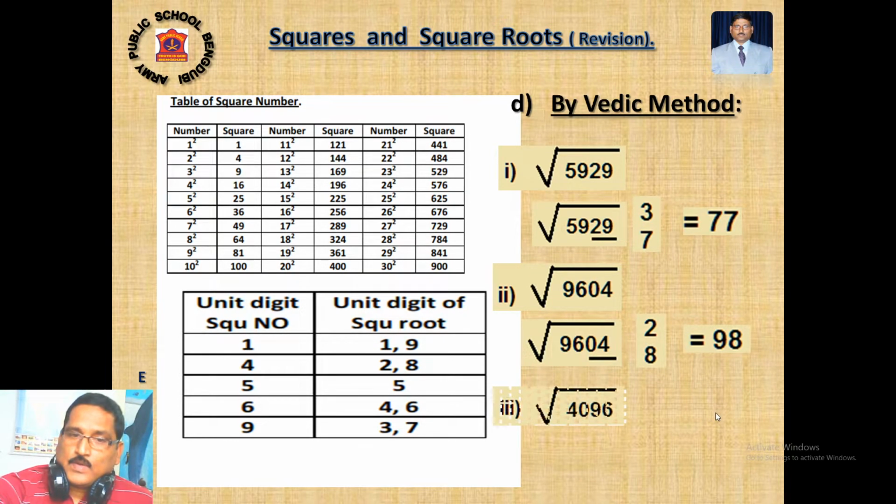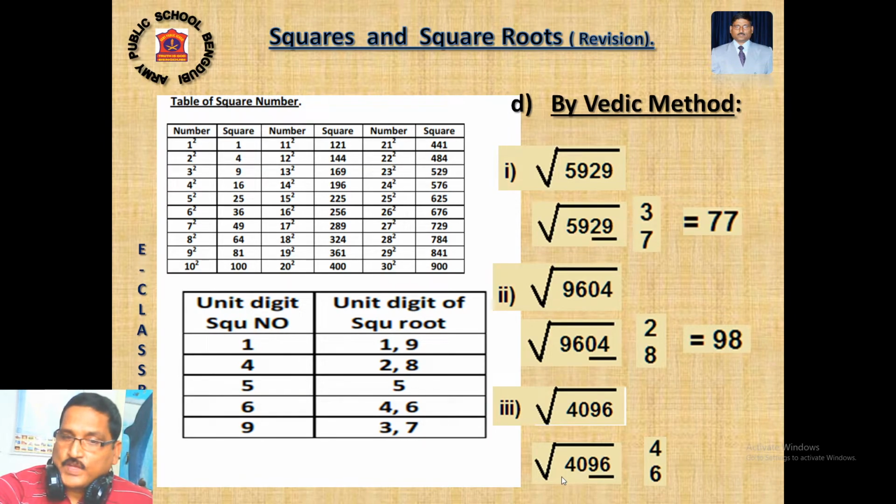Okay. Now another. Underline first 96. The number ends with 6. What is the number? It will be either 4 or 6. Leaving this part, what is the next number? 40. 40 comes after squaring which number? 6 squared is 36, 7 squared is 49. So it comes after 6 square, that is, your ten's digit will be 6.